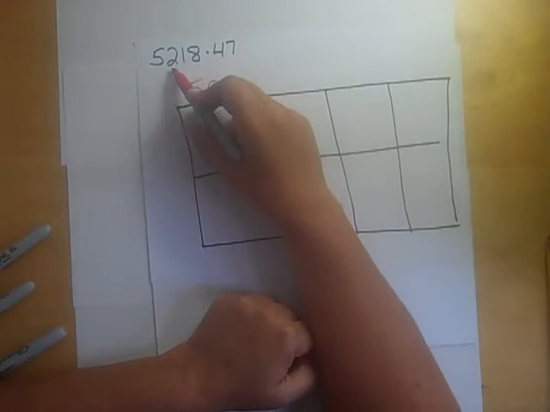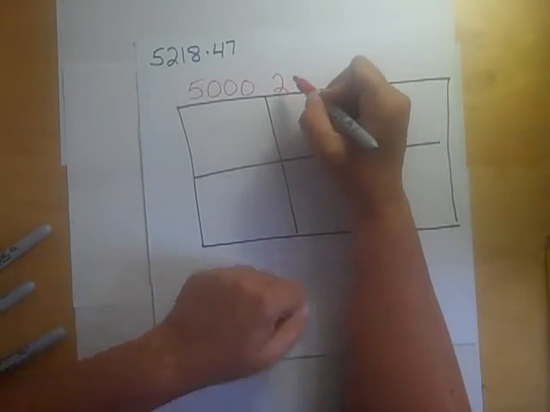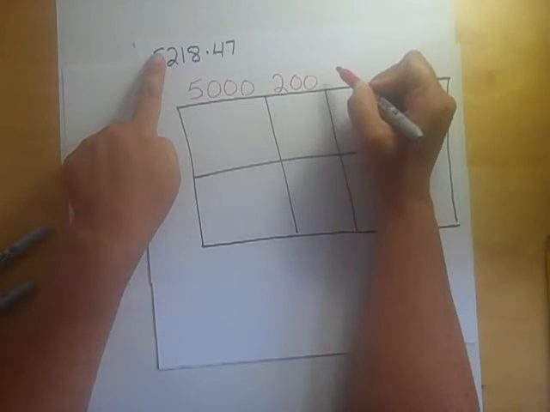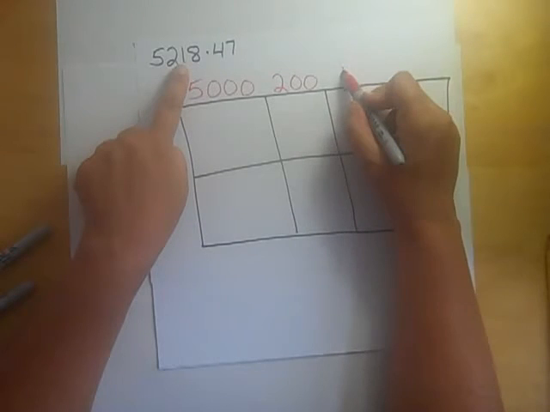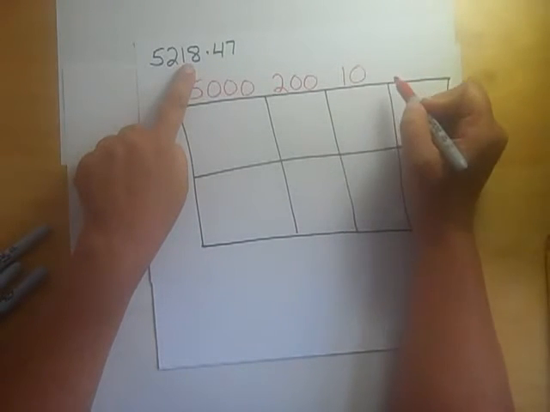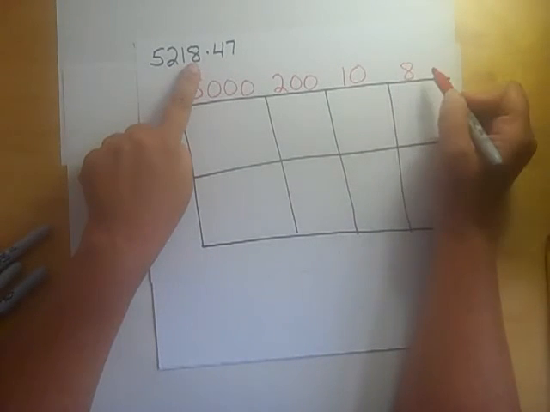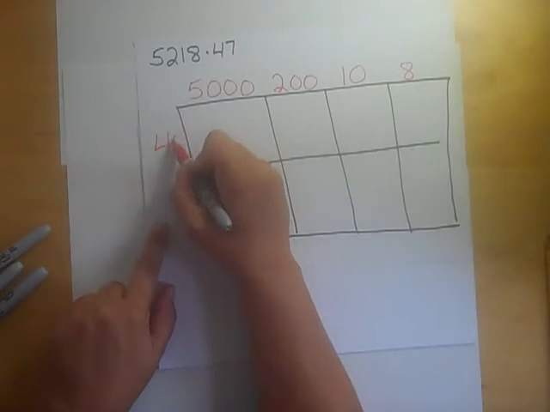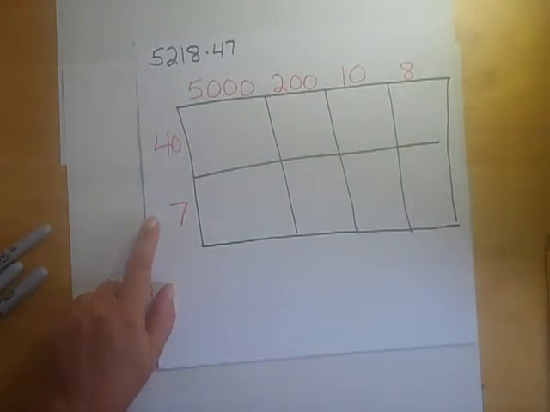So if we did that with the 2, we'd put a 2, and then we put a 0 where the 1 and the 8 are. And then if we did it here, we'd put a 1, put a 0 where the 8 is. 8 is the only choice there. Then 47, we would do a 40 and a 7.